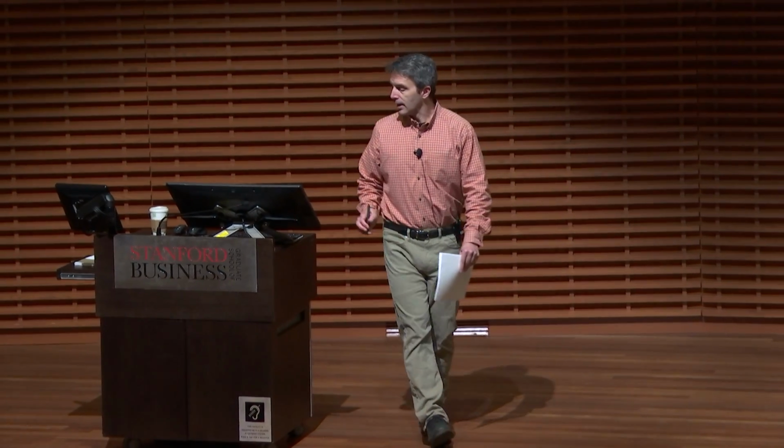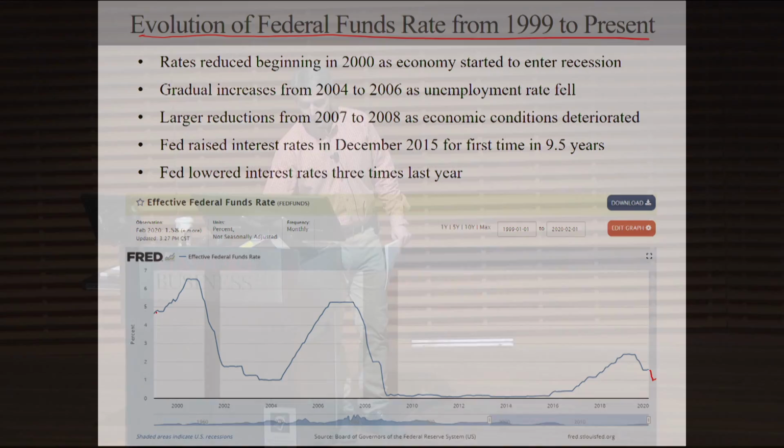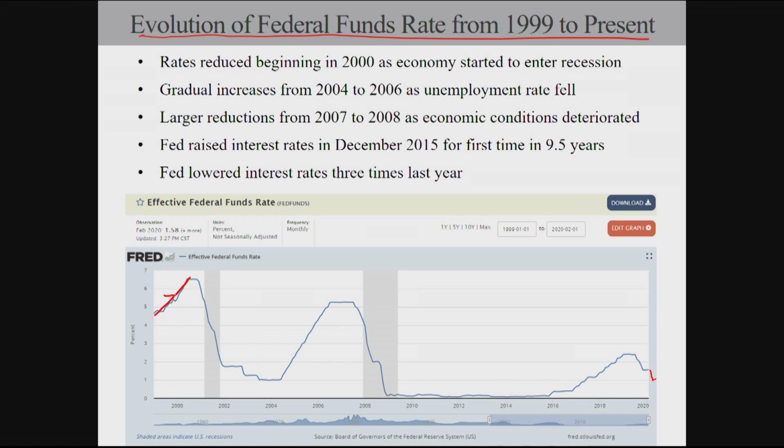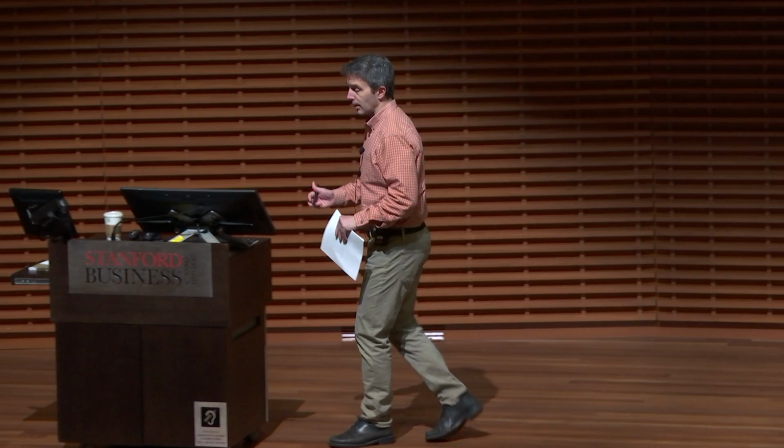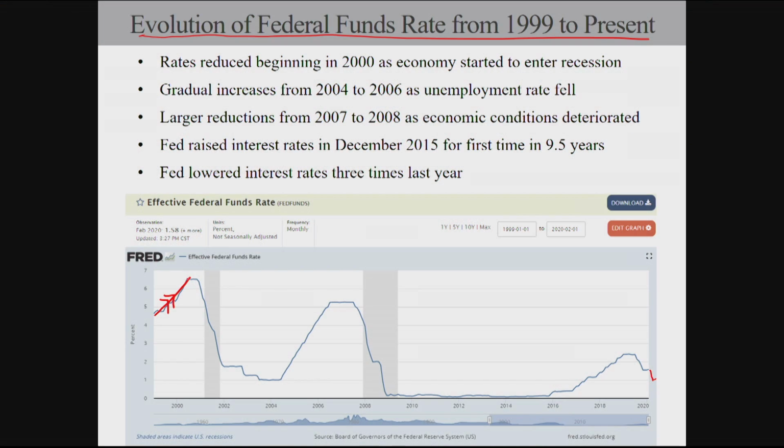Okay? In the late 1990s, the economy was growing very rapidly and unemployment was falling quite a lot. So the Fed was tapping on the brakes by raising the interest rate to try to ensure that the economy didn't get overheated, that we didn't have output above potential where inflation was going to result. Okay? And then they stayed fixed for a little bit in 2000.